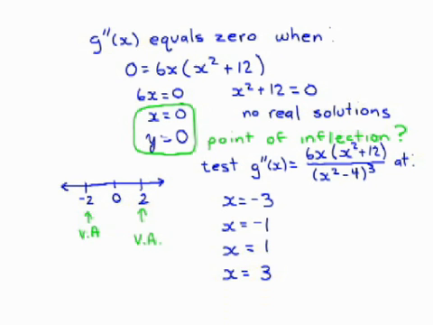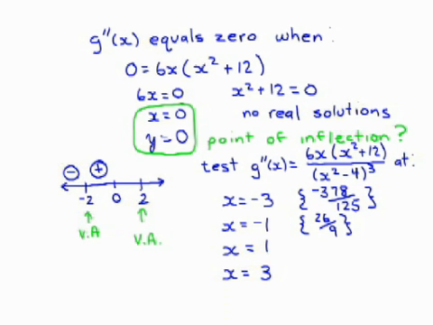that I just drew on the left-hand side. So when x is equal to negative 3, I find that g double prime of x is equal to negative 378 divided by 125. So I place a negative there in that region of my number line. When x is equal to negative 1, my corresponding value for g double prime of x is 26 divided by 9. So I place a positive in that interval.